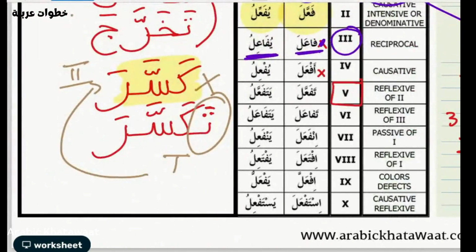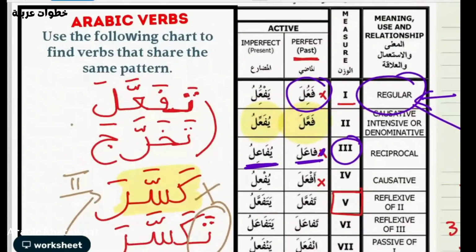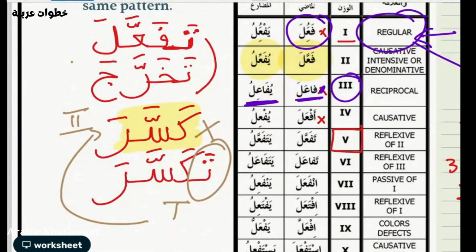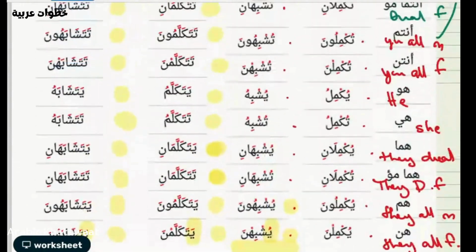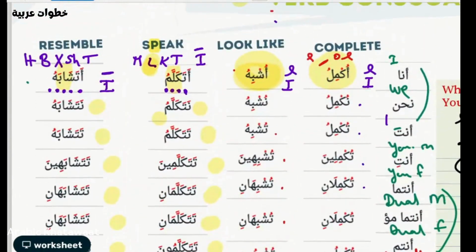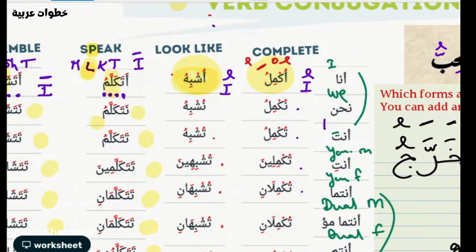Now, as I do my homework, make sure you take your small steps, one step at a time. The first thing we did is we looked at the verb conjugation, just to summarize what we have covered.